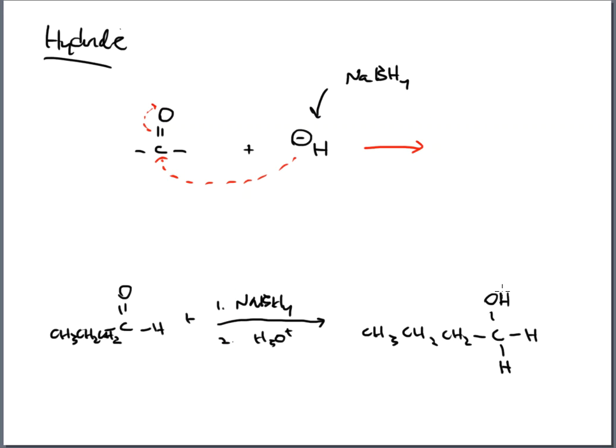If I wanted you to go through and name what just happened, well, we can do that, right? We can get a name for this one. 1, 2, 3, 4. So this is a butane, drop the E, and add the al for butanal. So butanal reacts with sodium borohydride and acid to produce 1, 2, 3, 4.